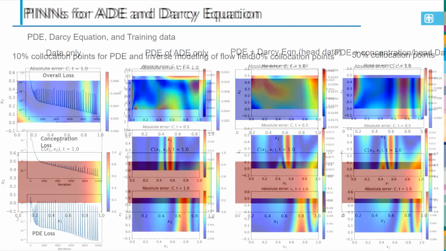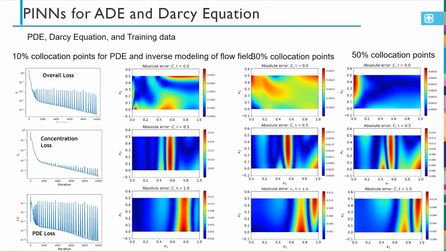We also tested different types of inverse modeling with different numbers of training data in terms of collocation points. The first column shows 10% collocation data, then 30% and 50%.